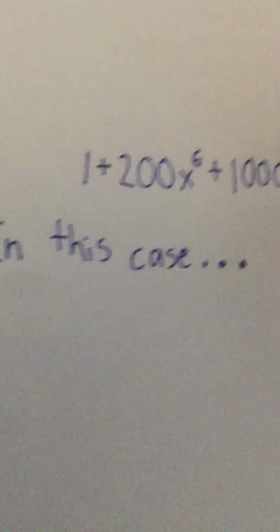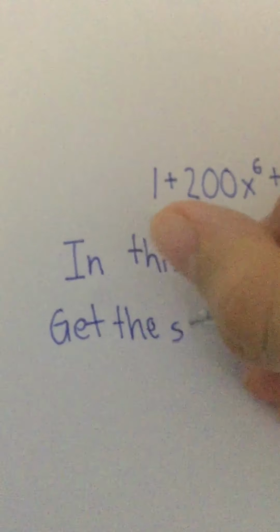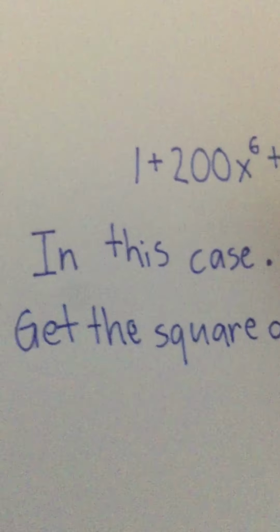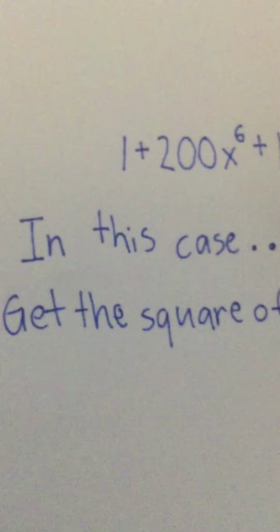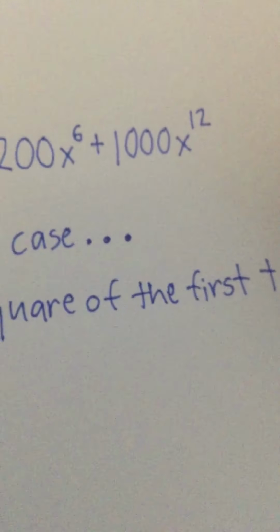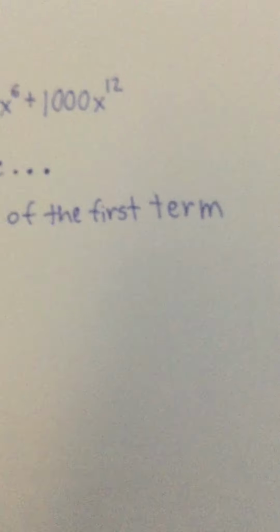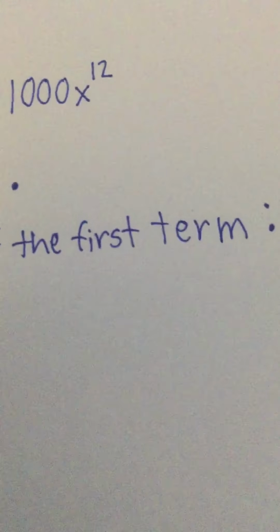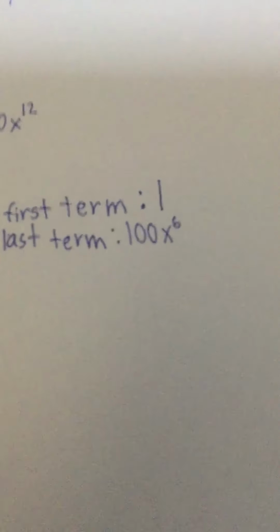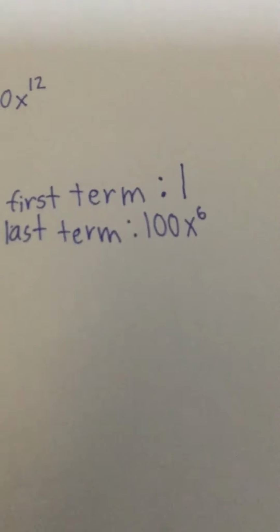Get the square root of the first term, which is 1. Then get the square root of the last term, which is 100x to the 6th power.